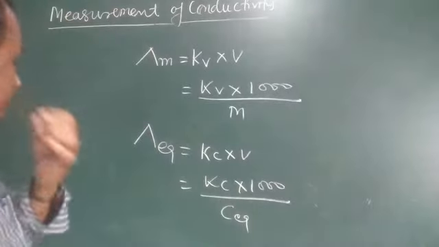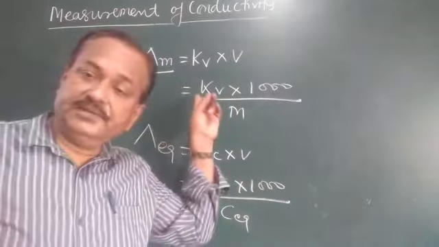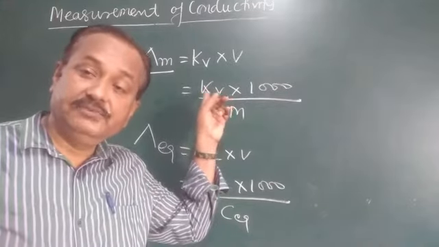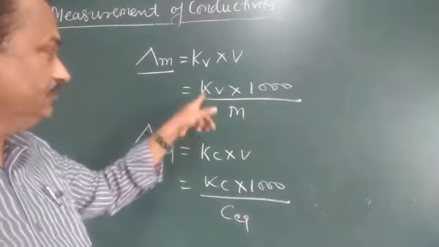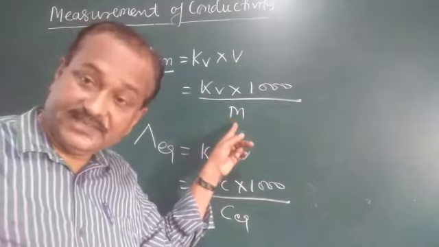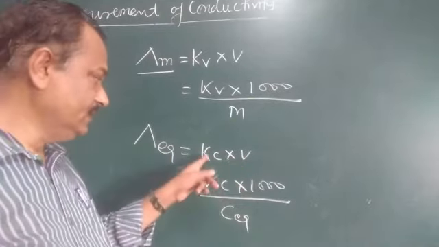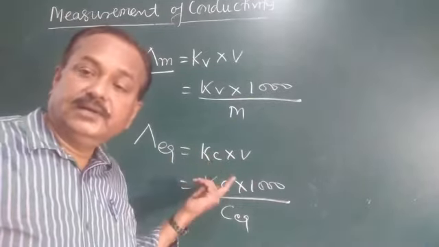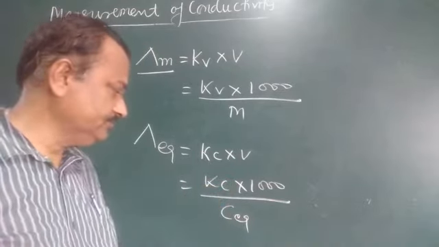Now the last portion is the molar conductivity. For molar conductivity, this K, we use this term for the concentration. This is the volume, and so the formula is Kv, 1000 upon M, the molar strength of the solution. Equivalent conductivity is Kc into V, C for the equivalent concentration. So Kc 1000 upon Eq.